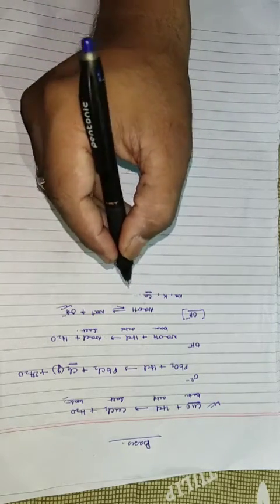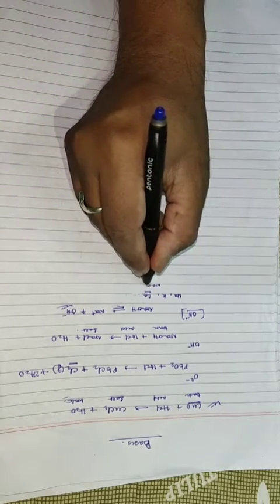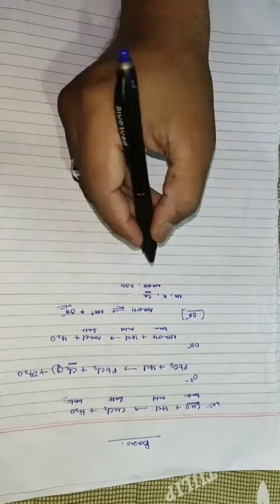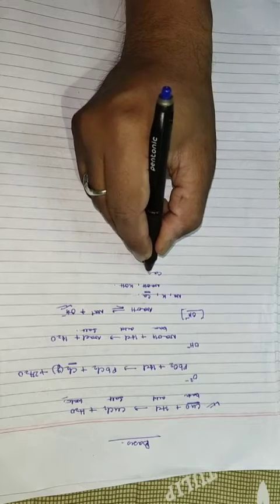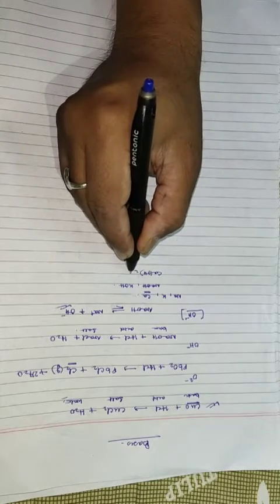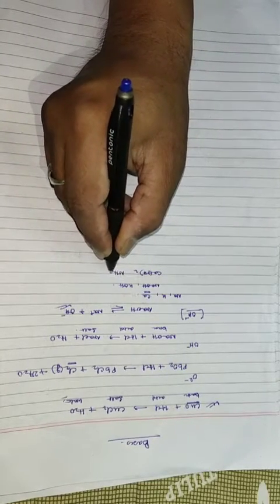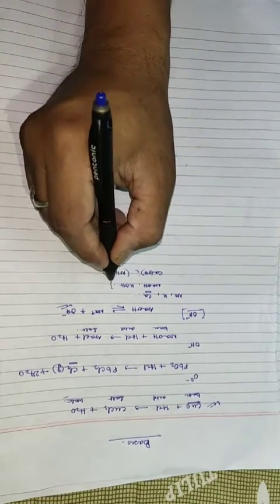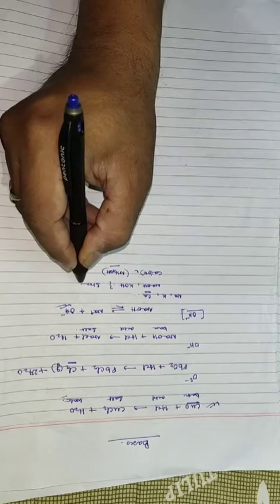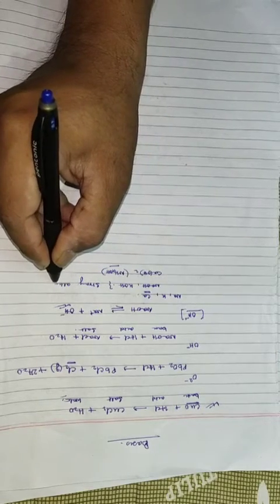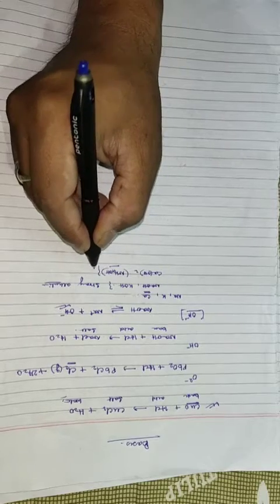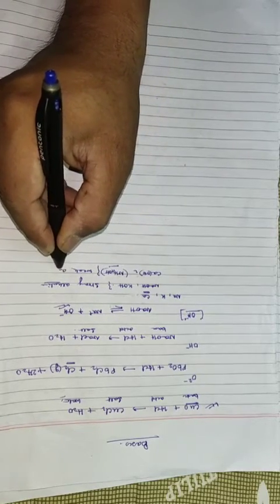Thus sodium hydroxide, potassium hydroxide, then calcium hydroxide, then ammonium hydroxide. These two are strong alkali, meaning on dissolving in water, they will give more and more OH minus ion. These are weak alkali.